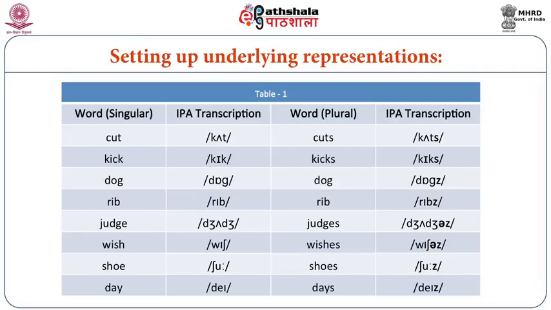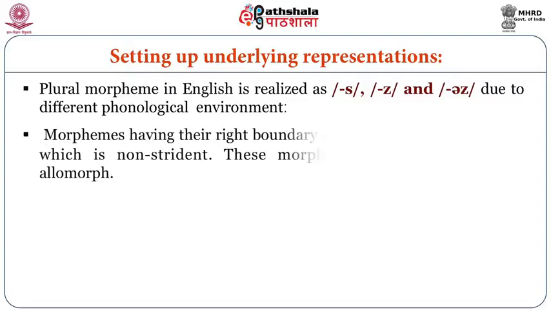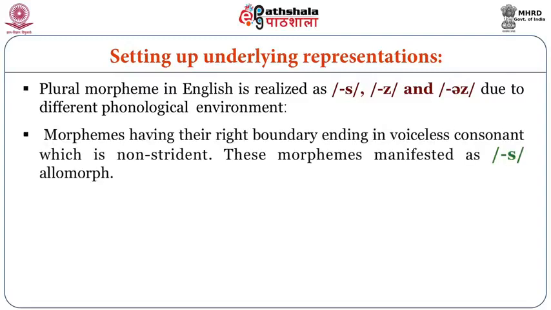In the same way you can have examples. So the plural morpheme in English is realized as either s, z or iz due to different phonological environments. Morphemes having their right boundary ending in a voiceless consonant which is non-strident are manifested as the s allomorph.